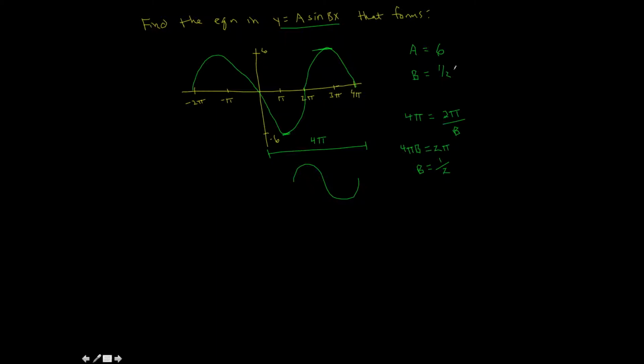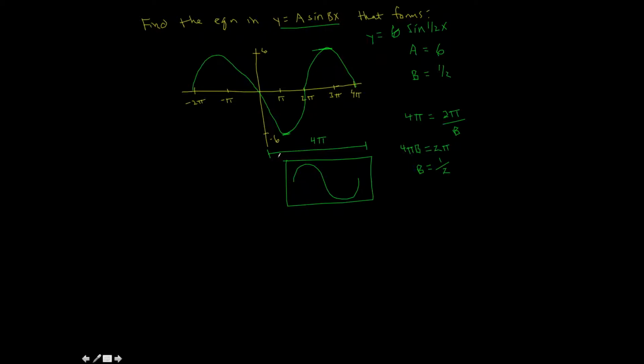Now, the rush is for people to do this. Oh man, I have it, Mr. Francis. My answer is y equals 6 sine of 1/2 x. And they miss it. Why did they miss it, folks? Well, look at this. This is the basic sine curve.